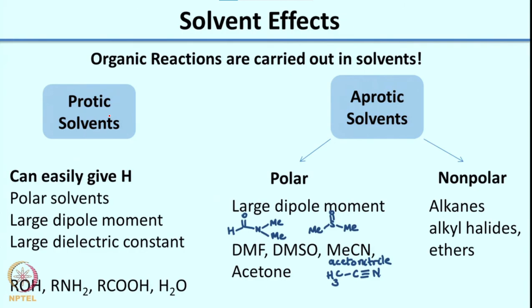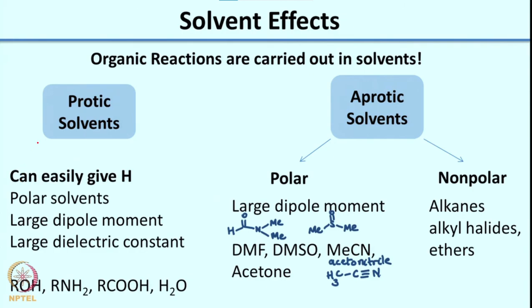Because protic solvents easily give an H plus ion, these are polar solvents and a large dipole moment is also there, and a large dielectric constant will be there. In this class of protic solvents, some solvents are alcohols, amines, acids, and water.